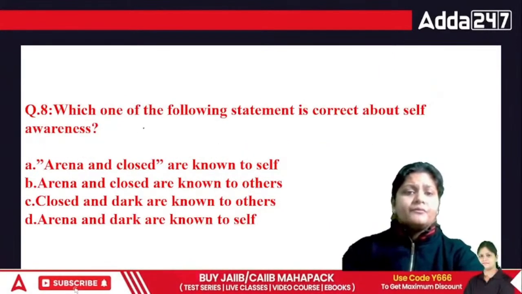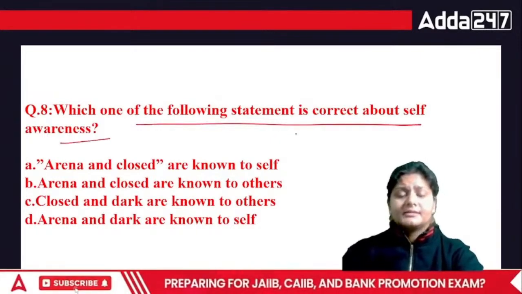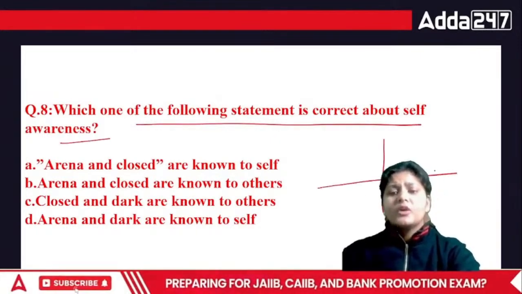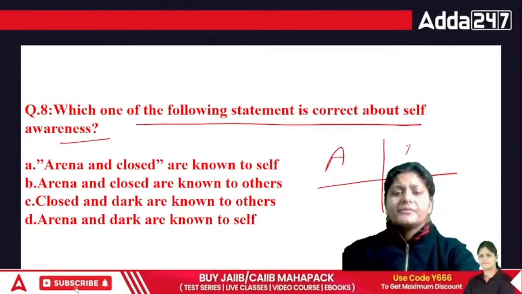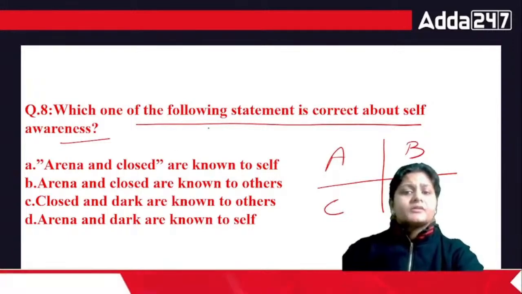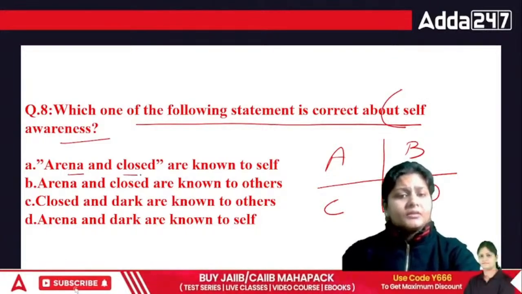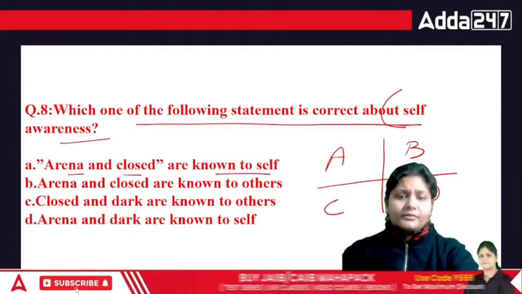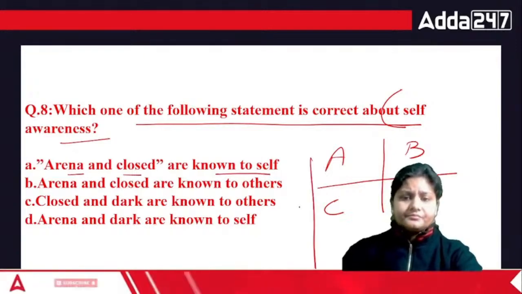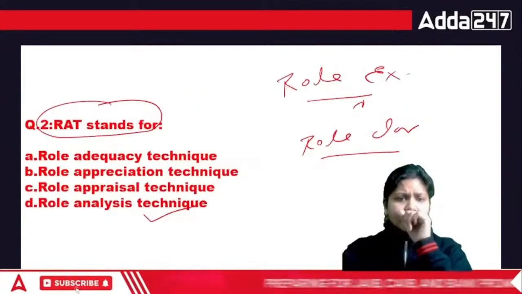Which one of the following statements is correct about self-awareness? Again, this question is from the Johari window, that is arena, blind, closed and dark. Okay, so we are talking about self-awareness. Which one is right? Arena and closed are known to self. Okay, see, we have already done this.